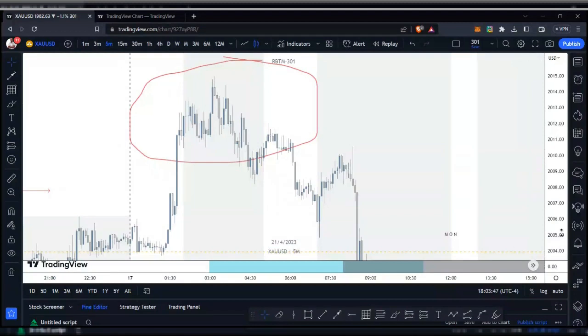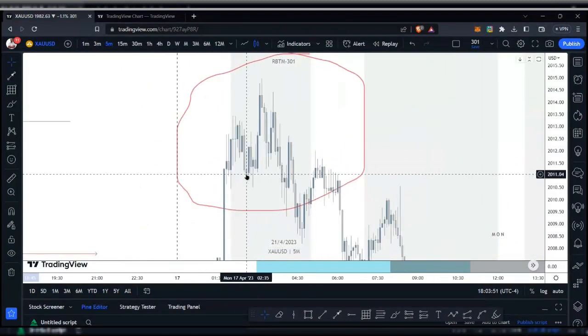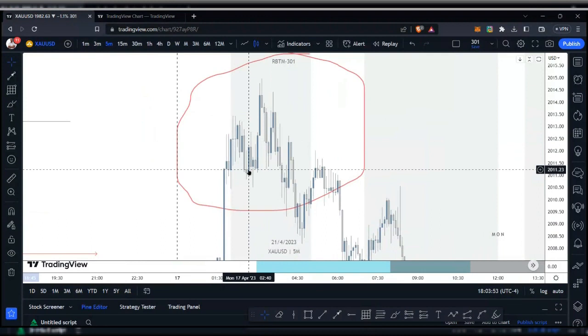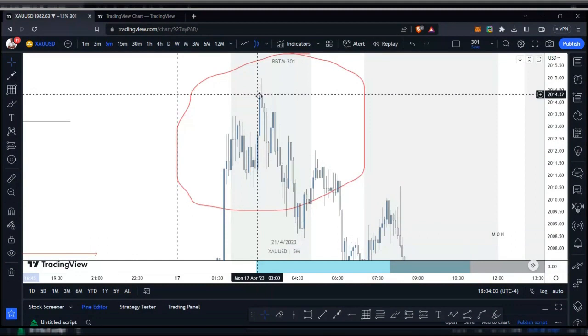We don't see eye to eye though, so I really feel I'm lucky with the way I'm seeing it. So this was the high, low, high. This was outside London. In London, we had this low, we had this high, and then price broke structure. Let's see 3 minutes.